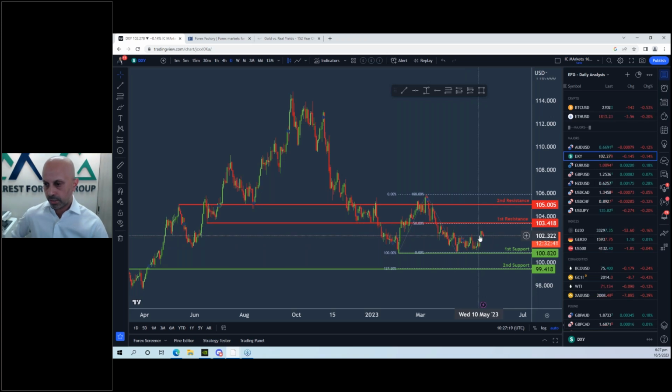So as you can see here on my crosshairs, on Wednesday, 10th May was when CPI data was released, but there was no real reaction or positive movement for the dollar index. Actually, in fact, it closed in the red on that day.